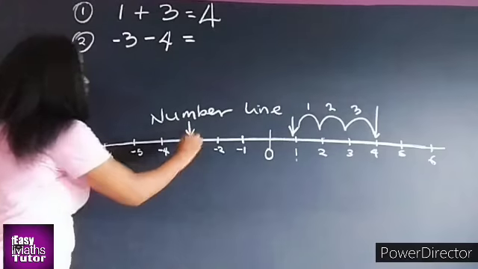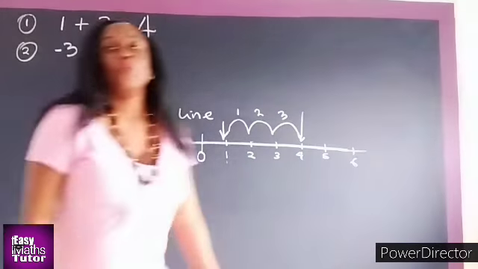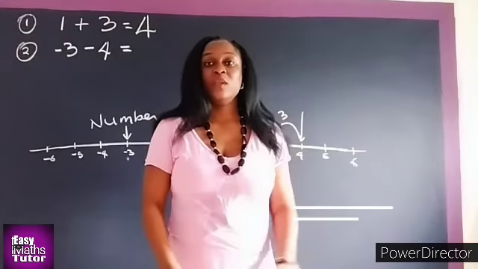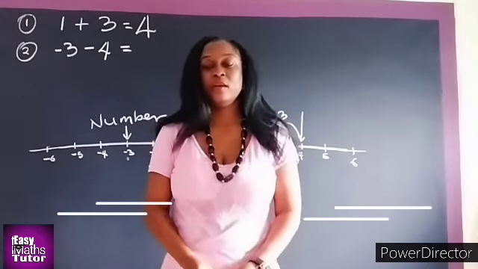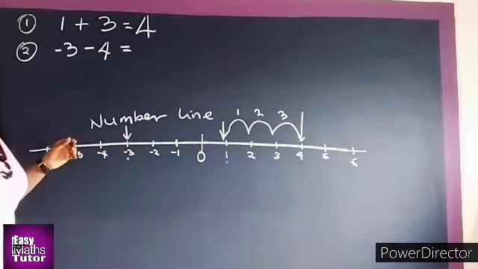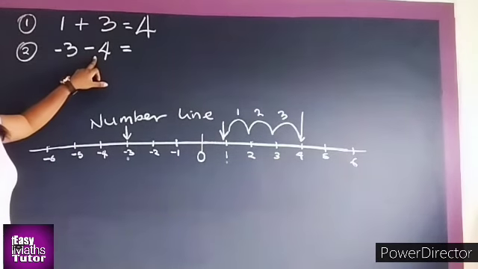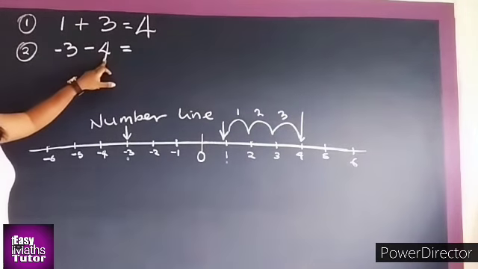We'll hop on -3, and then -4. When it's positive, we'll go on our left hand side. When it's negative, we'll jump on our right hand side. Alright? So let's start that again.